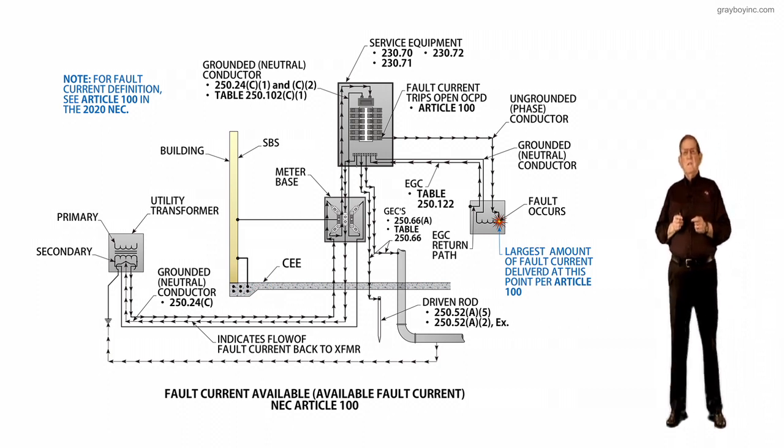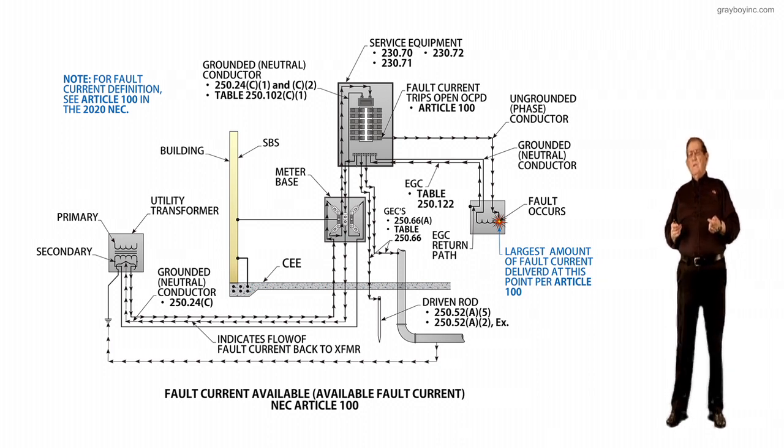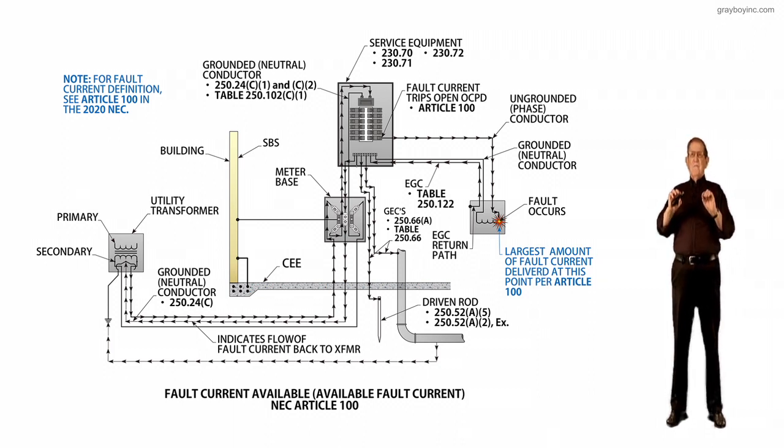This new definition is based upon the results of an NEC Correlating Committee task group that reviewed the use of the terms fault current, short circuit current, available short circuit current, etc. So they wanted to make sure that these definitions were used properly throughout the code where they would appear.